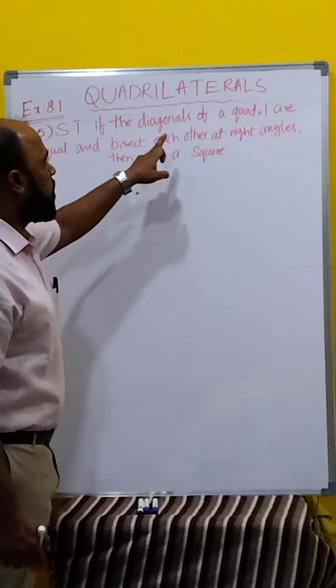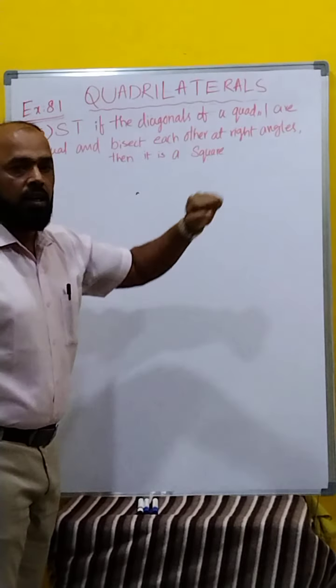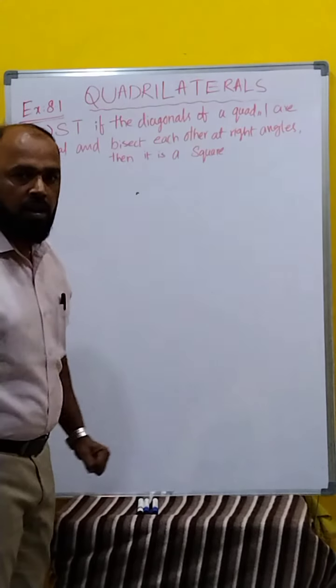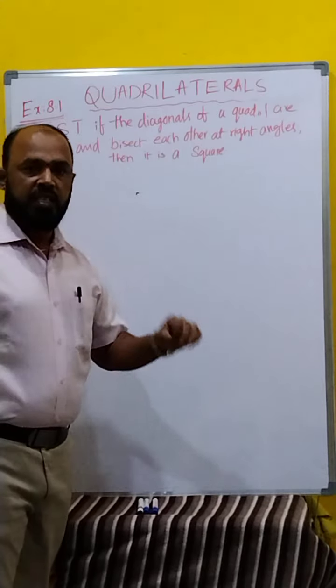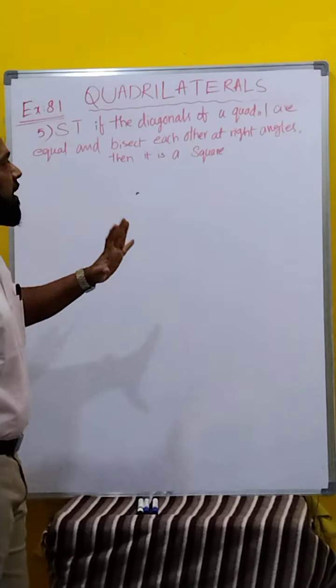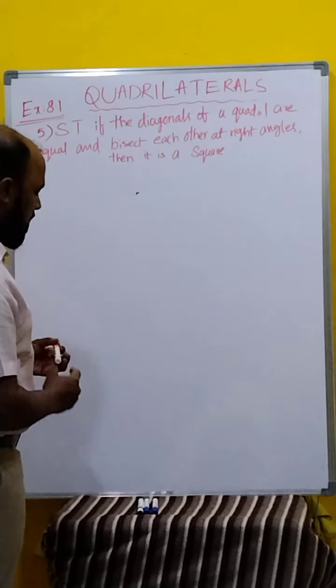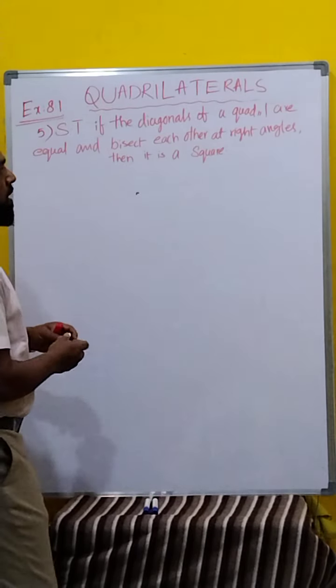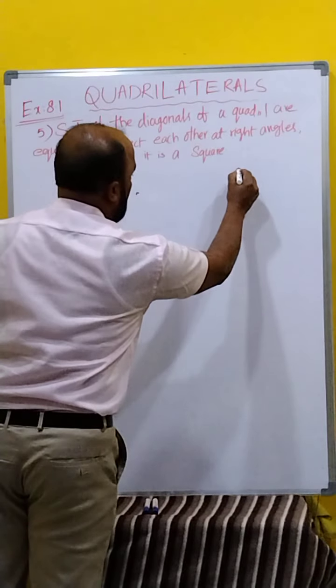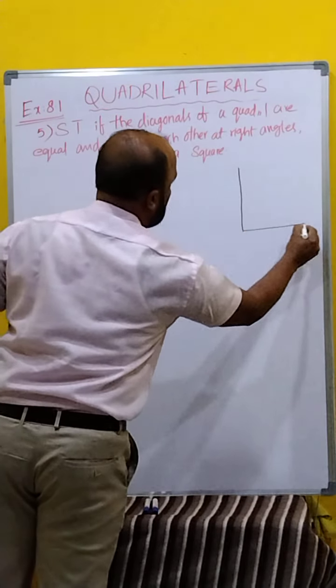Show that if the diagonals of a quadrilateral are equal and bisect each other at right angles, then it is a square. We have to prove it. Clear children? First what we have to do? Draw the figure. Quadrilateral ABCD.